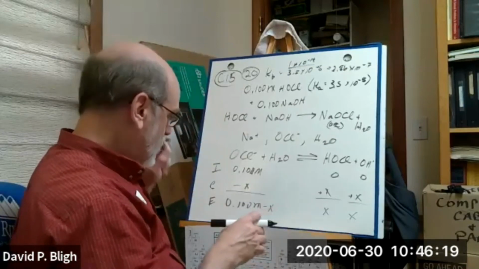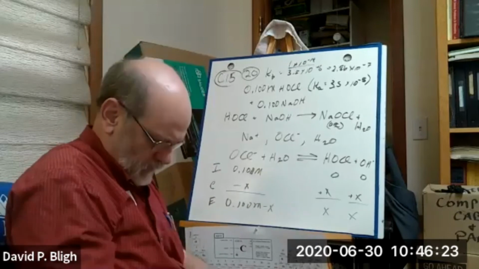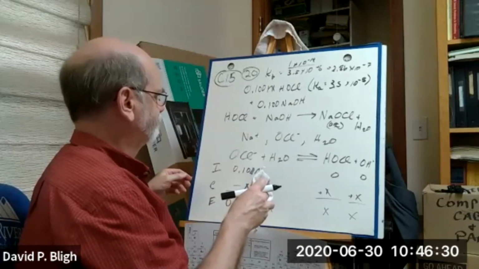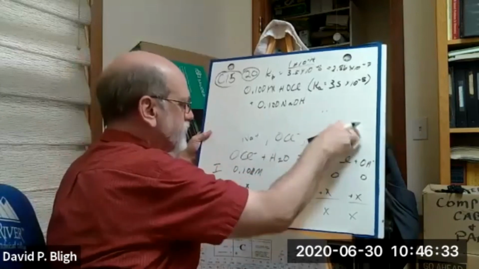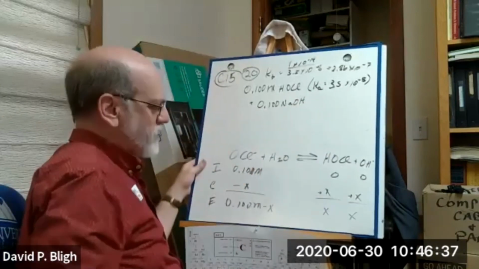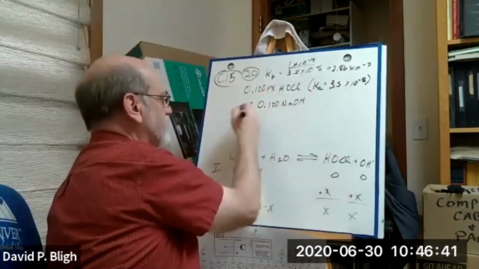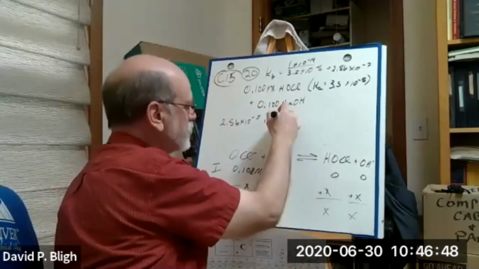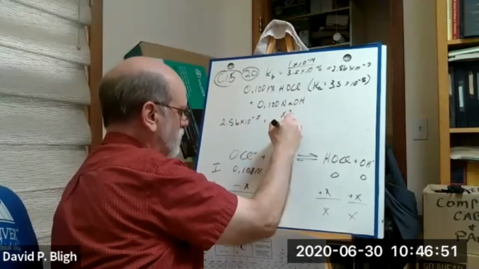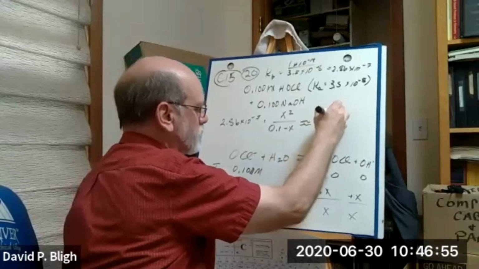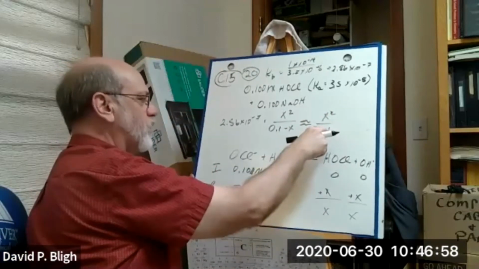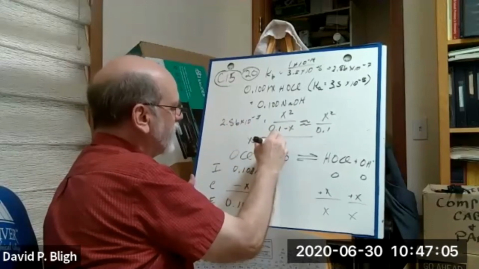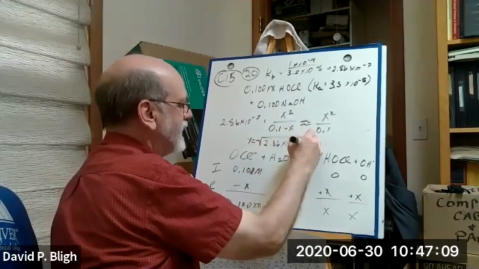Okay. So now our expression is going to be the Kb is this value, and it's this one times this one over, which is approximately equal to, okay, so 0.1 times this one means that x is the square root of 2.86 times 10 to the minus 8.